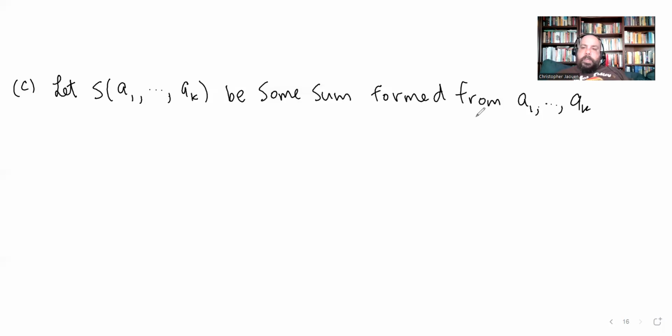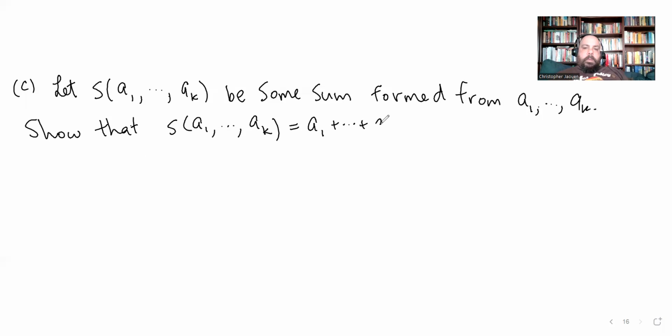And they want us to show that the sum a1 through ak is equal to a1 plus dot dot dot ak.